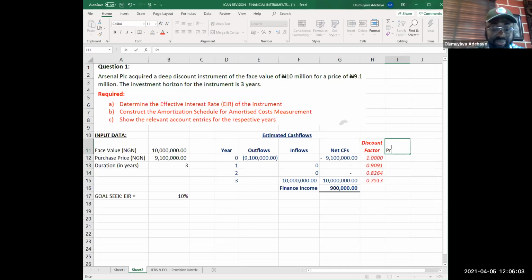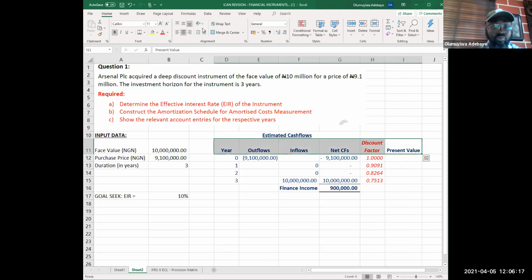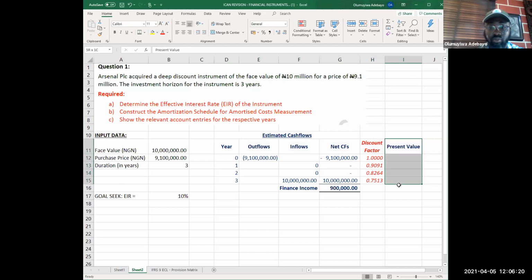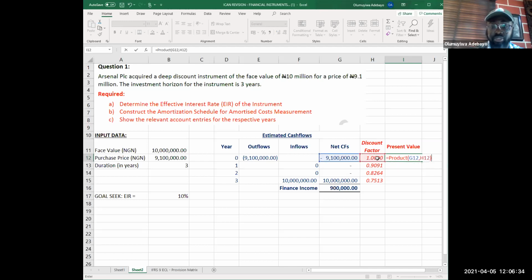Now, what is my present value? My present value is a product of my cash flows and my discount factor, which means multiplying the two together.